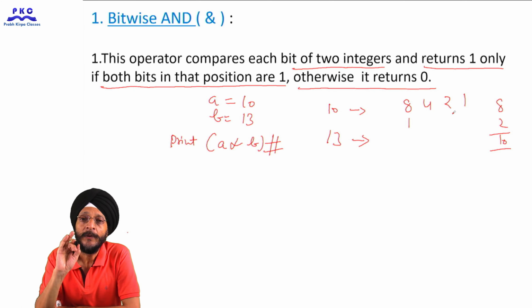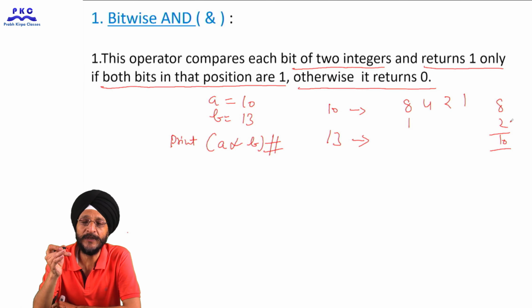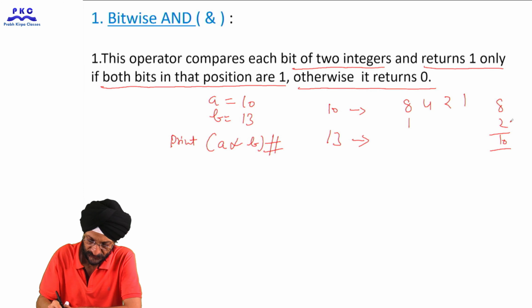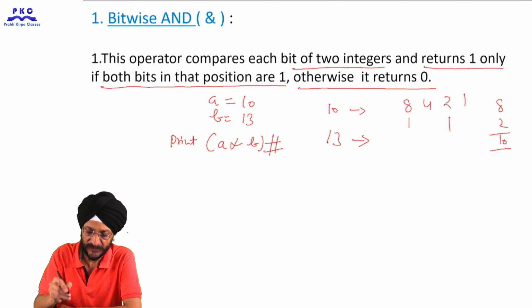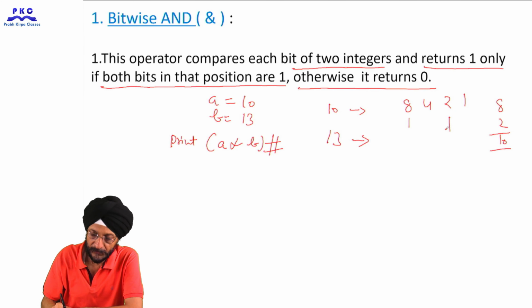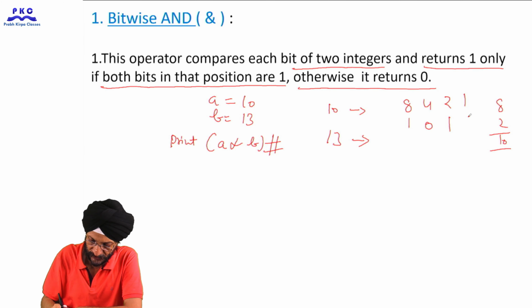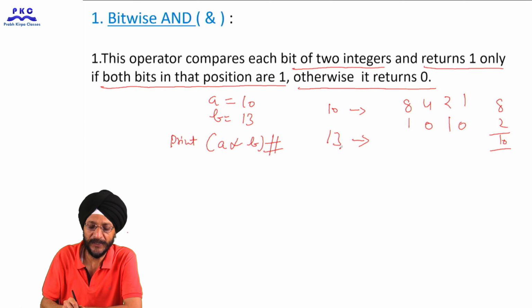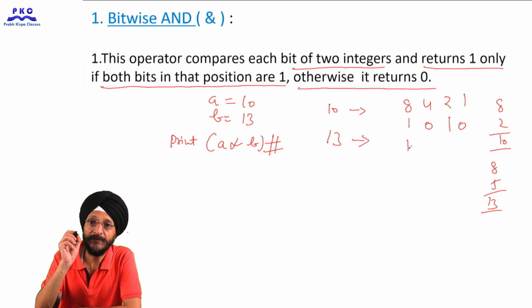Below that number, which we will now be using for the addition, we will write 1. Below the 2 we have used, we have written 1. Against all other values we will write 0. In case of 13, 8 plus 5 is 13, so below 8 we write 1.